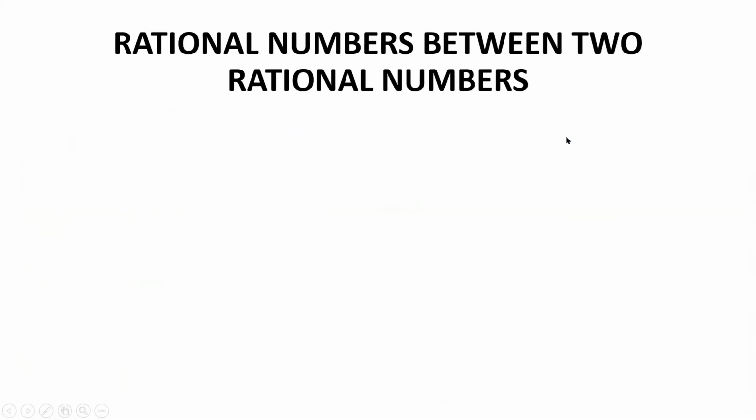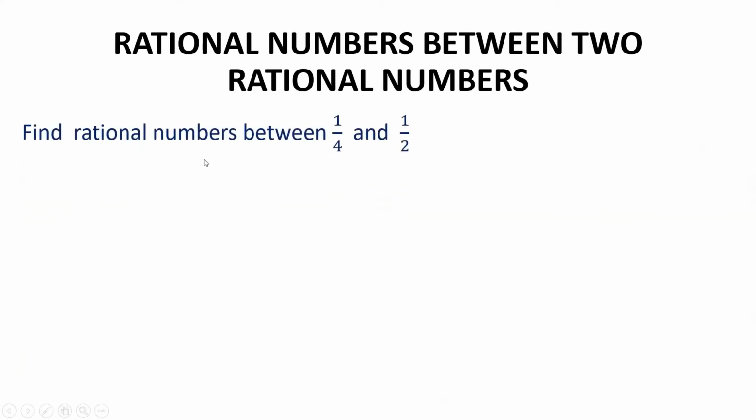Next topic is rational numbers between two rational numbers. Here we have to find rational numbers between 1 upon 4 and 1 upon 2. There were two methods. First, we are finding the average of the given numbers. So we'll sum up 1 upon 4 and 1 upon 2, and then the sum will be divided by 2.